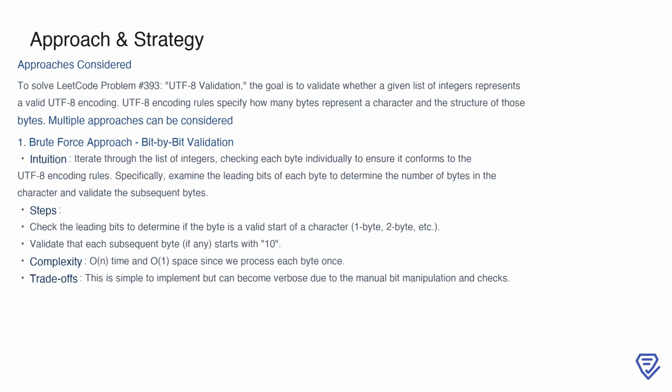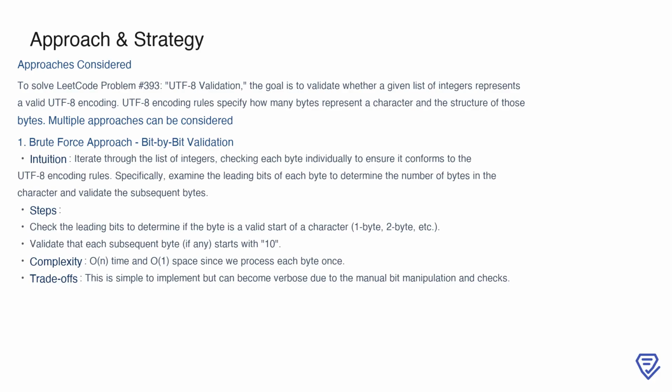To tackle the problem of validating whether a list of integers represents a valid UTF-8 encoding, we need to consider the rules that govern how UTF-8 characters are structured. Each character can consist of 1 to 4 bytes, and the leading bits of these bytes determine their validity. One possible approach is the brute force method, where we validate each byte individually.